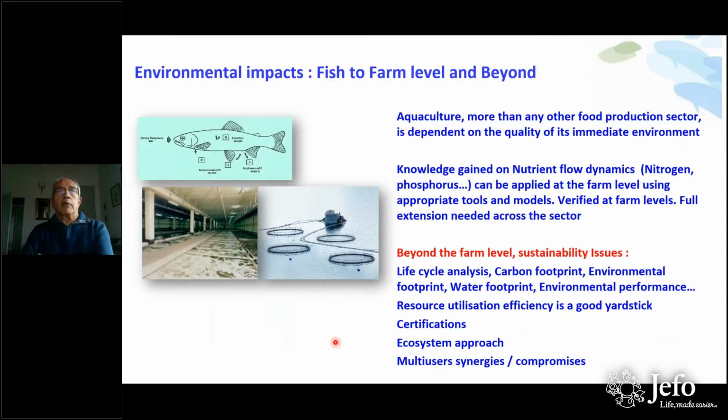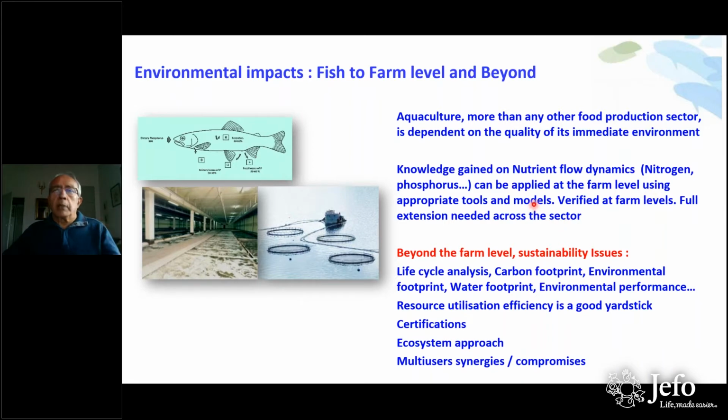Going to the environmental impacts point of view, we know that aquaculture relies on good quality water. It's so important for aquaculture, more than any other food production sector. But knowledge gained on nutrient flow dynamics, nitrogen and phosphorus, can be applied at the farm level using appropriate tools and models.